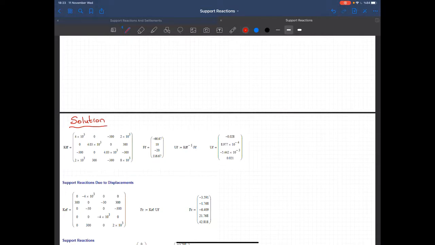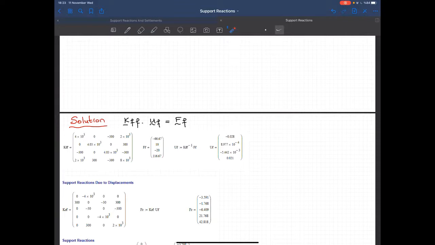Okay, here I did KFF multiplied by UF is equal to FF. And by using that equation, I obtain the unknown displacements. Right?